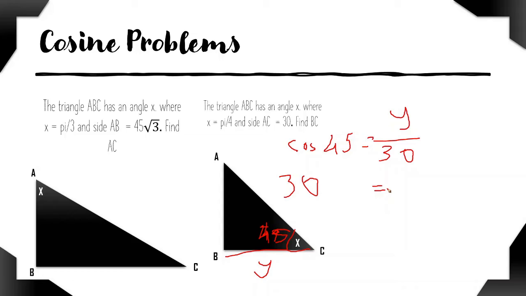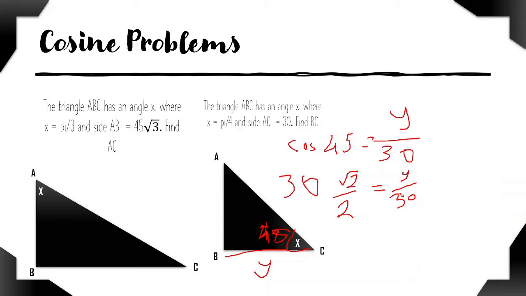So cos of 45 is equal to 0.707, which is equal to the square root of 2 divided by 2, and then we have 30 over y over here.